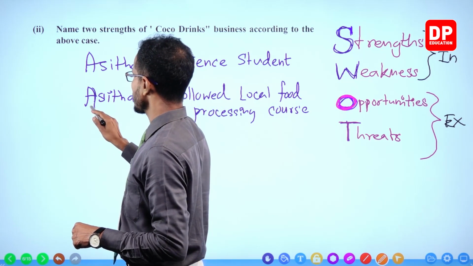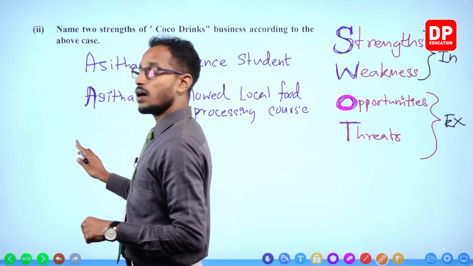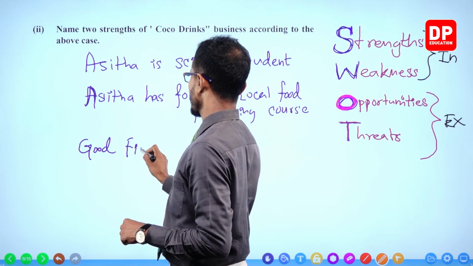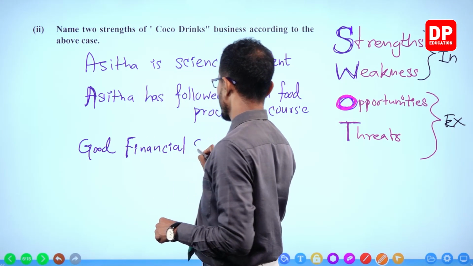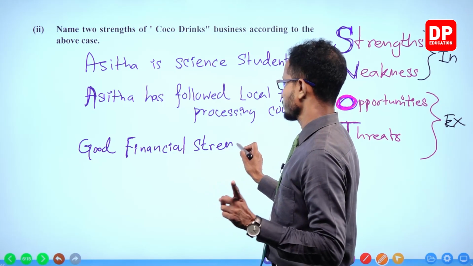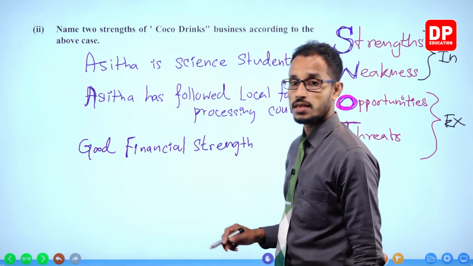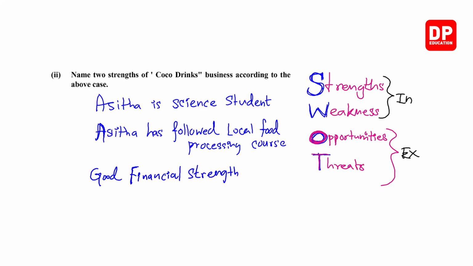Even this one you can write if you like. Good financial strength. Just an extra point. Got it? Because we are writing about strengths now.